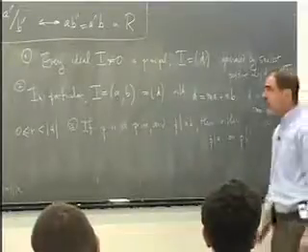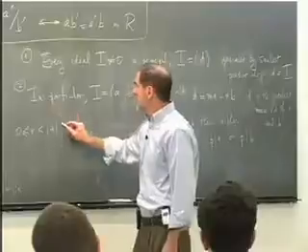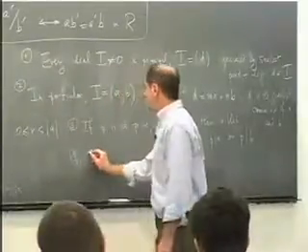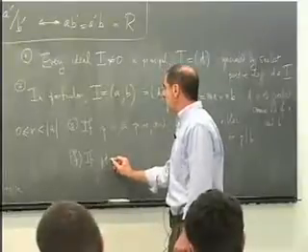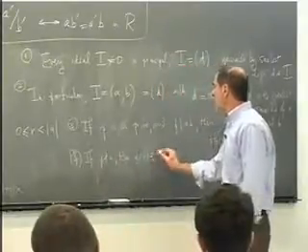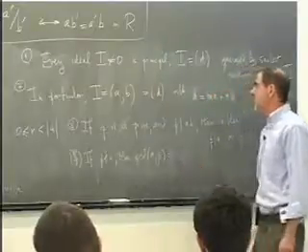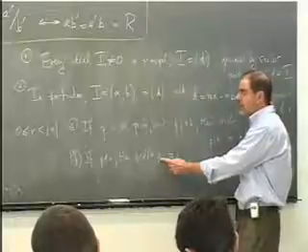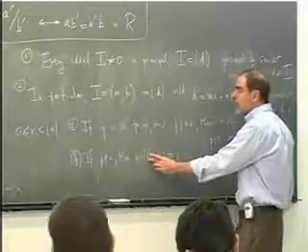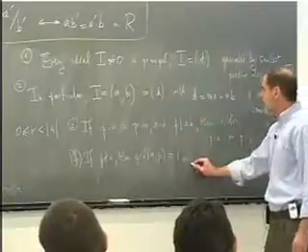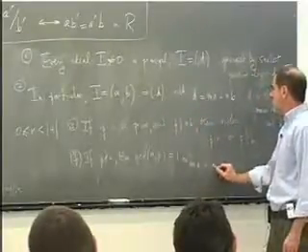And the proof of this, it follows from part 2. If p does not divide a, then the GCD of a and p is equal to 1, because the only divisors of p are 1 and p. So if p doesn't divide a, the largest divisor of both of these has to be 1, which means that 1 can be written by part 2 as a multiple of a plus a multiple of p.